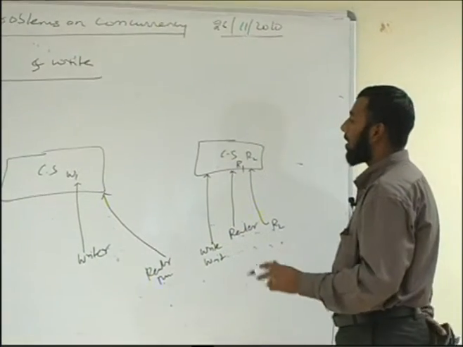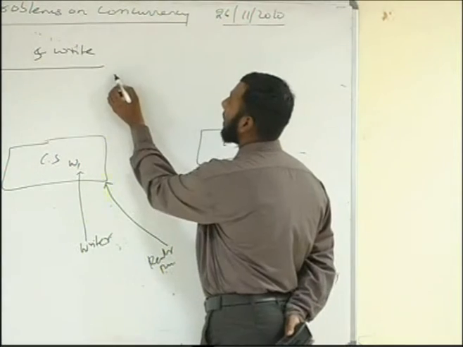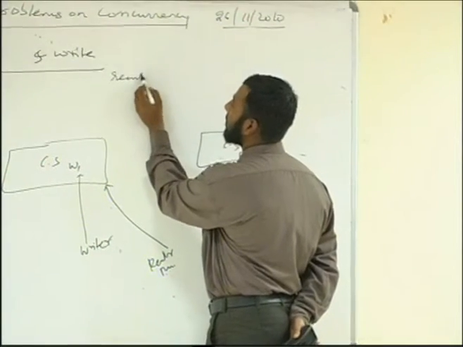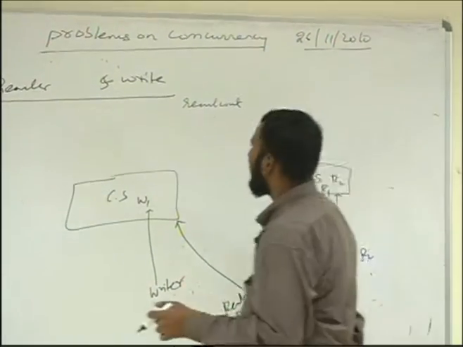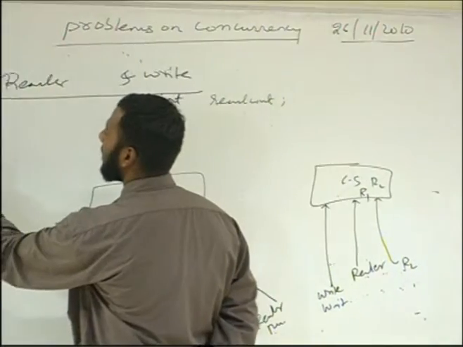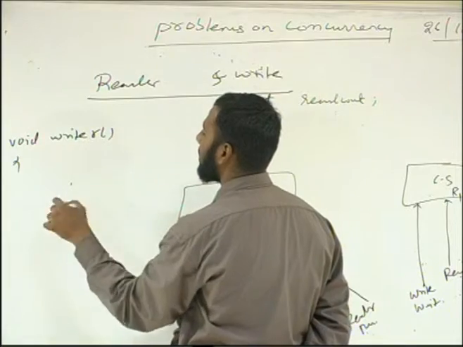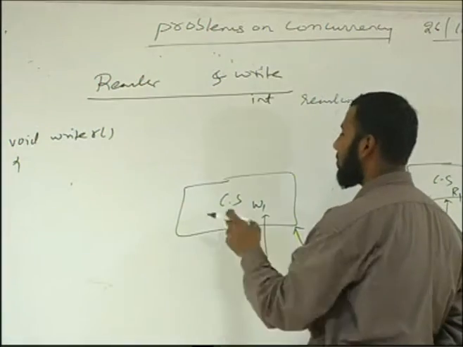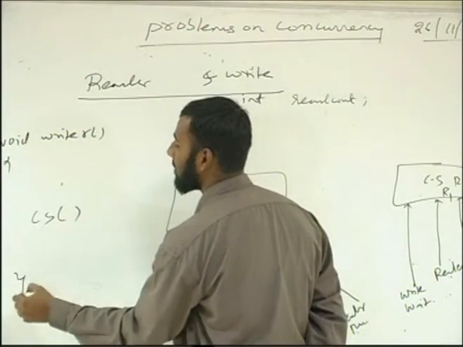Now remember, in order to solve this, you maintain one shared variable called read count. Okay. So I'll give you pseudo code, right? Suppose this is an integer, int. Okay. Now you have a process void writer. What does it do? Whenever a process wants to enter into the critical section, it enters into the critical section, okay, and it exits the critical section.